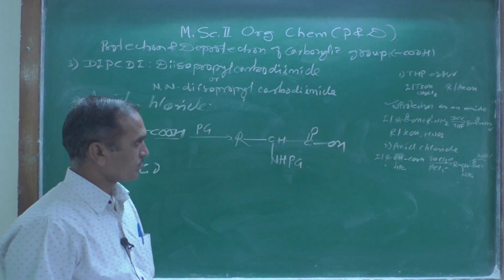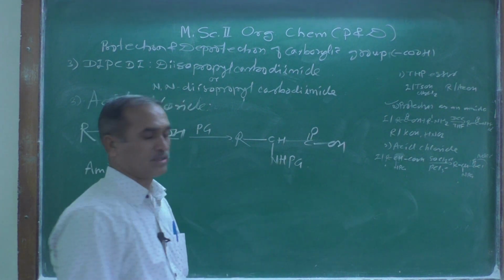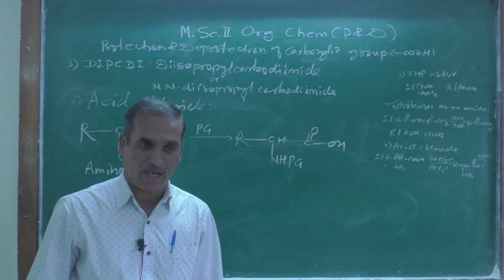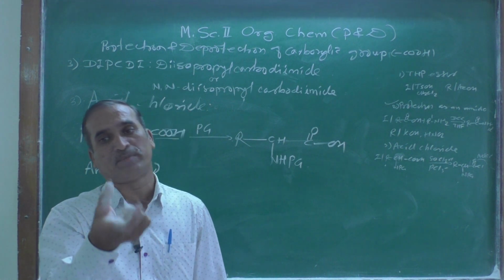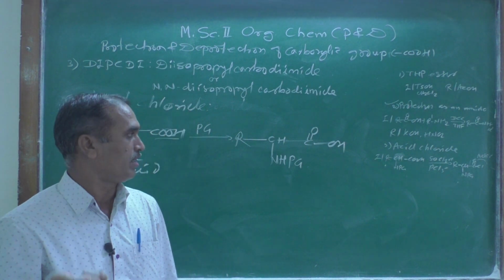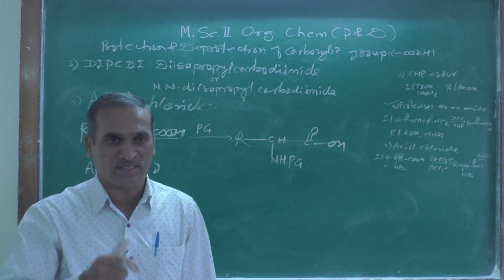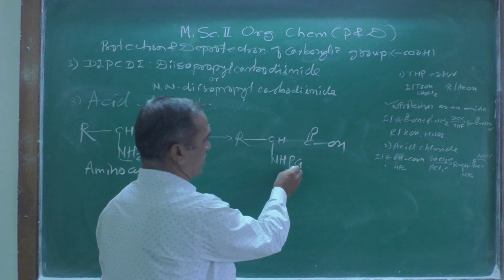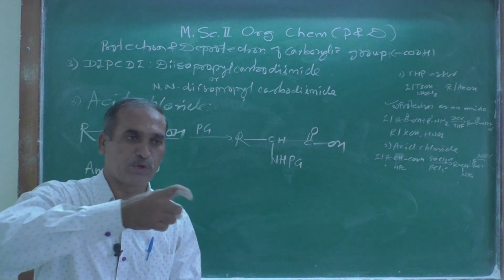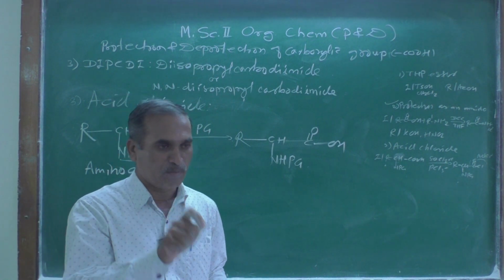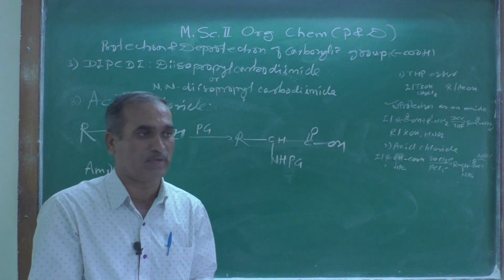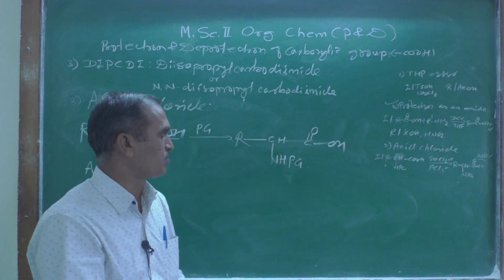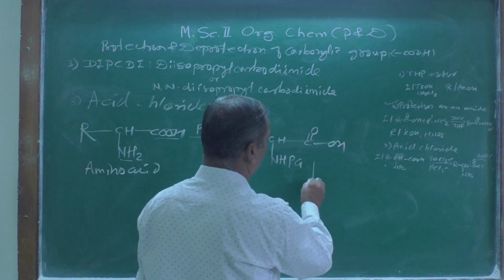Now after protecting this NH2 group, what is happening? The reactivity of that NH2 group becomes less, because a bulky group, CBZ or BOC or FMOC, is introduced over there, so the reactivity is decreased.